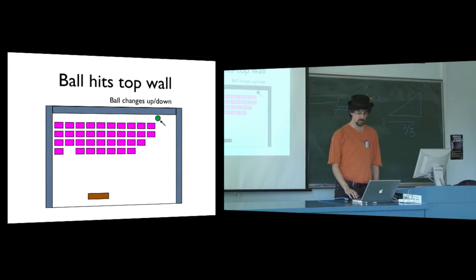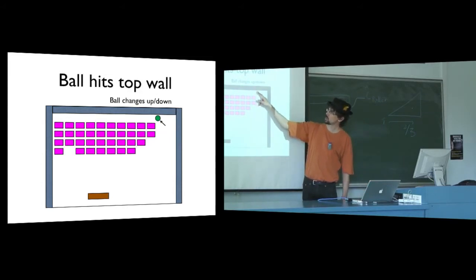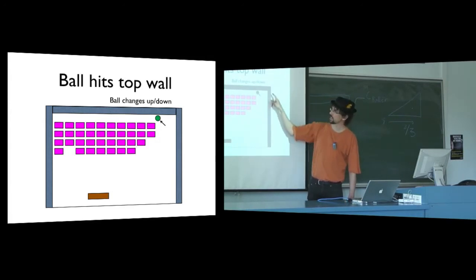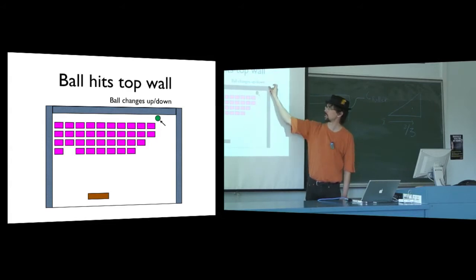We hadn't already talked about the top wall, but obviously the top wall also changes up and down. And interestingly enough, again, we can treat the 3 walls with the same rules as the bricks. So we really don't have to treat them separately. We can just say, this is a very large brick, which if we hit it from this side, we'll do that. Now the fact is we'll only ever hit it from this side, but that doesn't really matter.